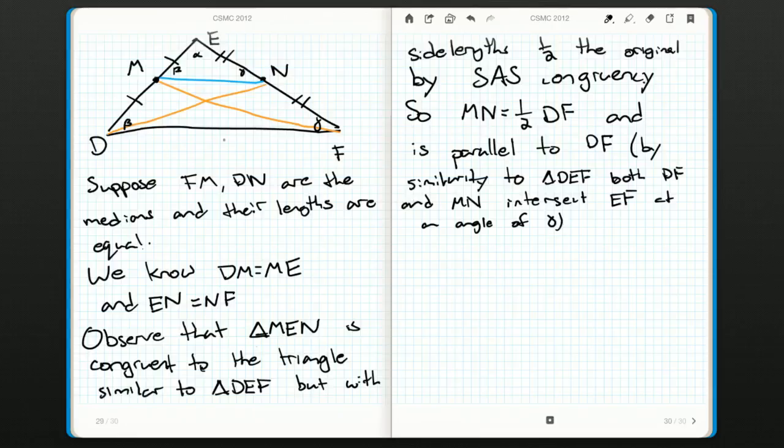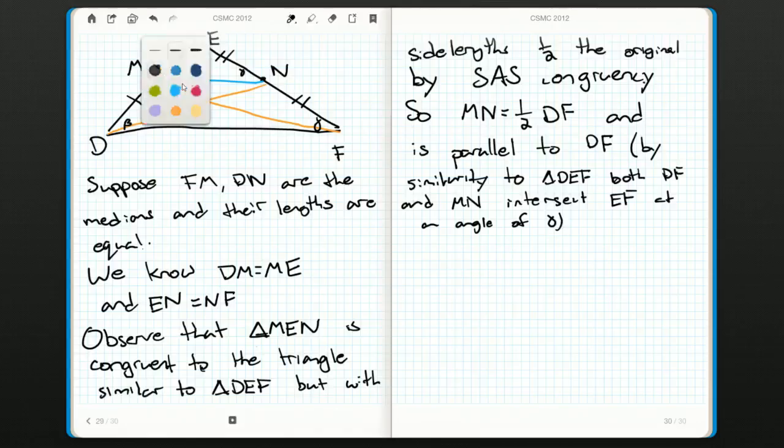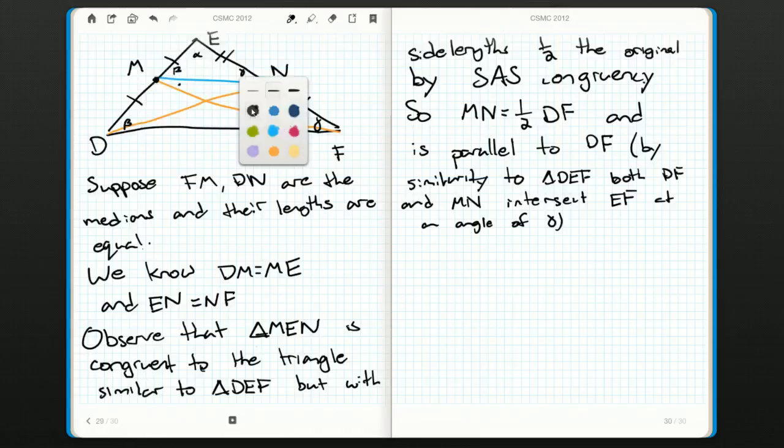So since MN and DF are parallel, we can make some other observations. This angle in here, which we'll call dot, is the same as this angle here.